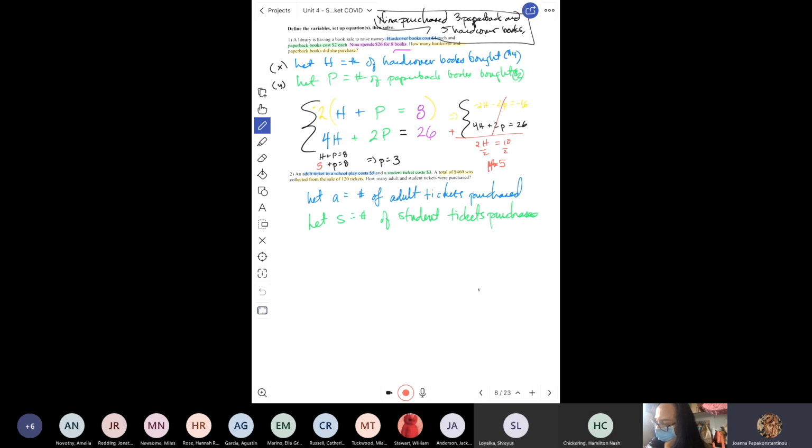Again, be explicit. Don't just say S equals student. That's nonsense. Now I know that the student tickets cost $3, so I'm just making a little note. And I know that the adult tickets cost $5. I know a total of $460 was collected from the sale of 120 tickets. Name that system. Tell me what the system is.